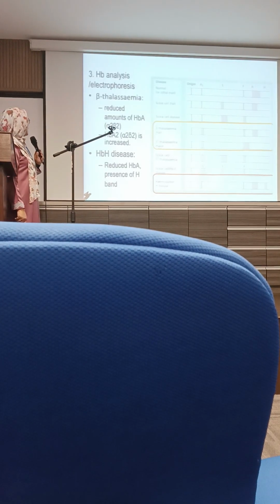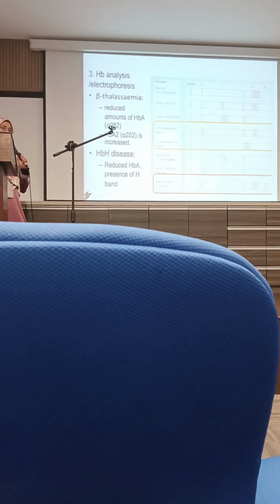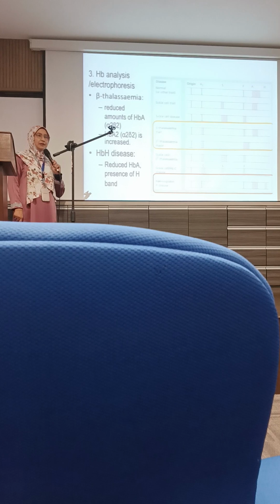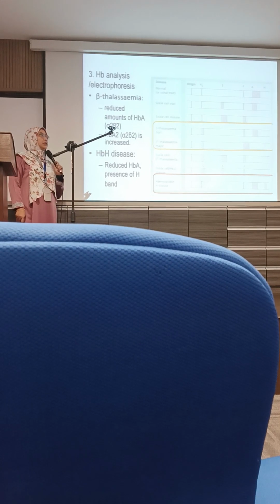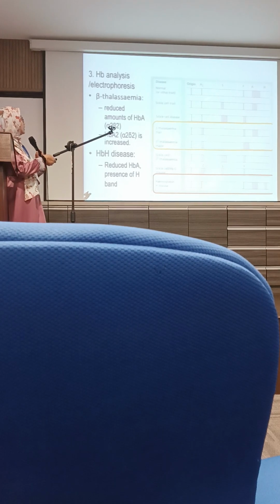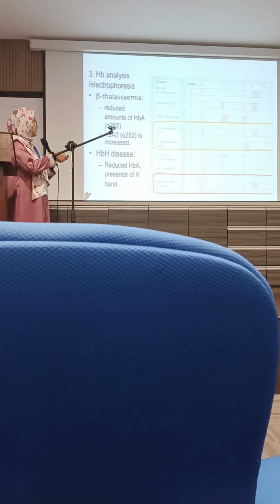And if you look at the hemoglobin electrophoresis or HB analysis, dah pernah tengok ke masa biochem? Pernah? Electrophoresis pernah buat? Hemoglobin ke benda lain? Protein saja. So HB analysis, normally you kan ada hemoglobin A, mainly is A, and a small portion of F and A2 kan.